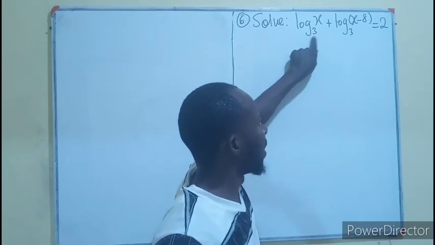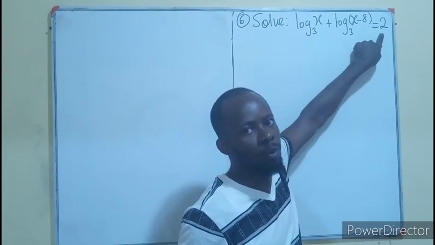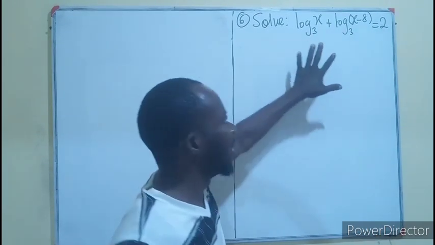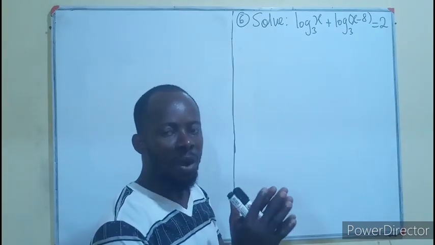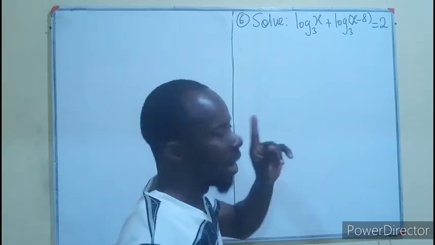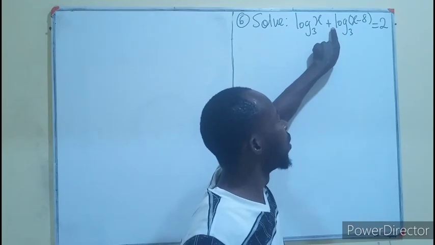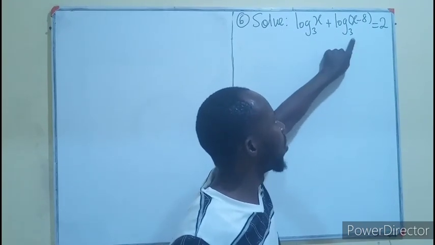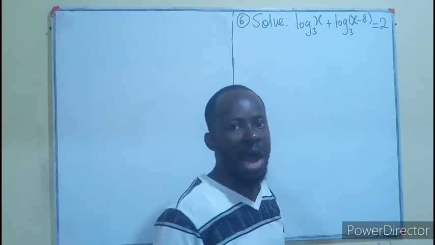Alright. So the argument is x minus 8. The base is 3, and this is 2. We can rewrite this as a combined or a single logarithm by using the law of multiplication. If we are adding two logarithms of the same base, we multiply the argument.